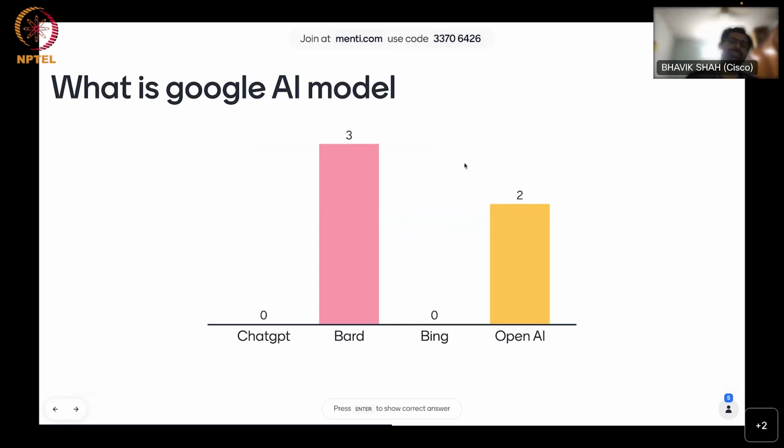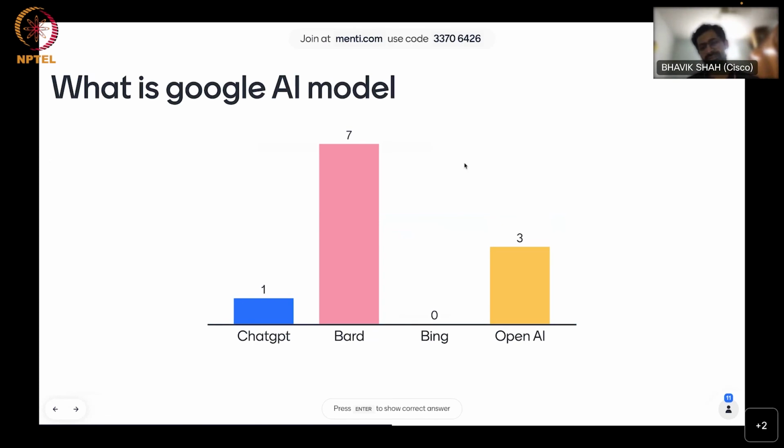Perfect. Someone is saying OpenAI, someone is saying Bard. Oh, okay. And while I was discussing the session, I gave the answer somewhere. So if you're listening carefully, you would be getting that. Oh, there's someone who is saying ChatGPT. Nice. I think there are more than 15, right?